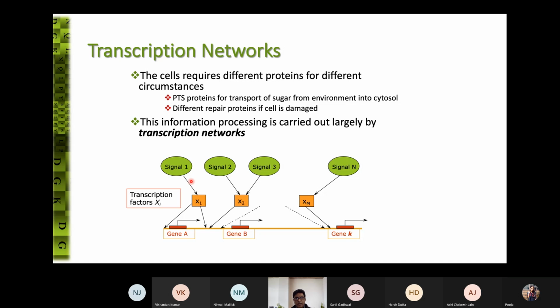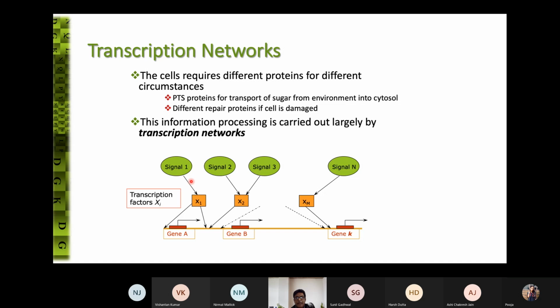In this case, we have shown all the arrows to be activating, and they go to K genes. So this itself lays a framework if you wanted to develop a mathematical model, because now you know there are n signals, m transcription factors, and K genes that are getting activated. That is the sequence in which you will look at things.